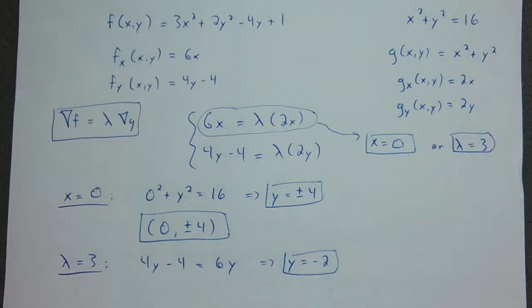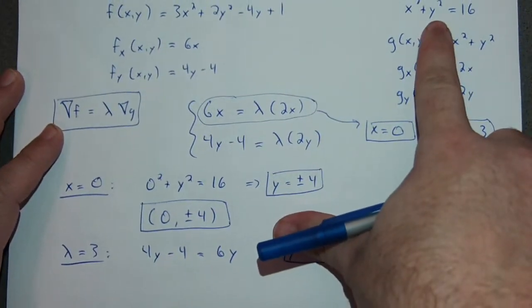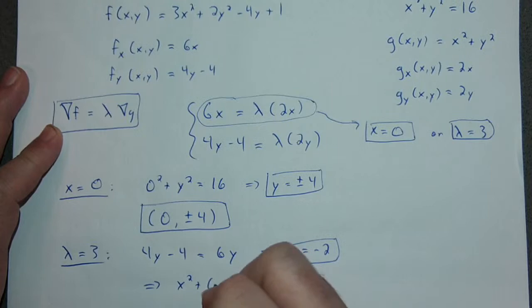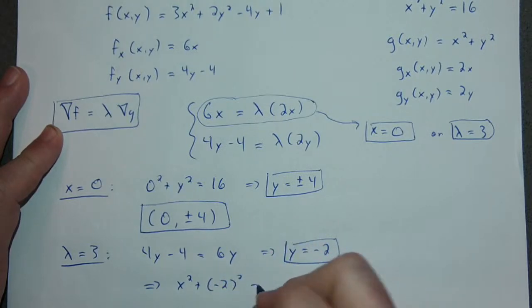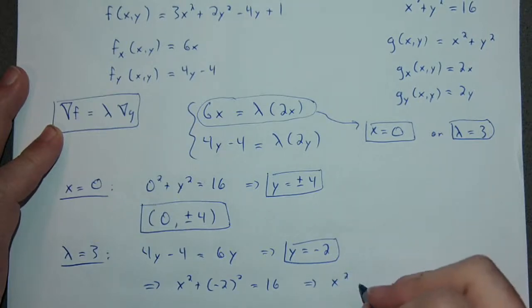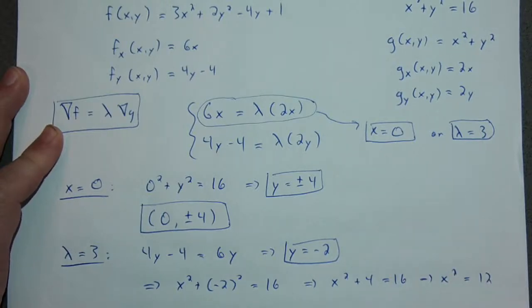And once I've found that y is equal to minus 2, I can plug that into my constraint equation up here. Well, that means that x squared plus minus 2 squared is equal to 16. And so this means that x squared plus 4 is equal to 16, or that x squared is equal to 12, so that x is plus or minus square root of 12.